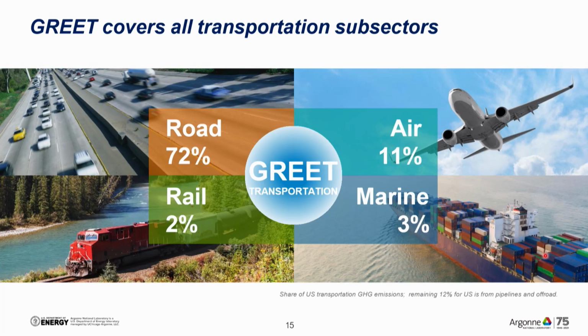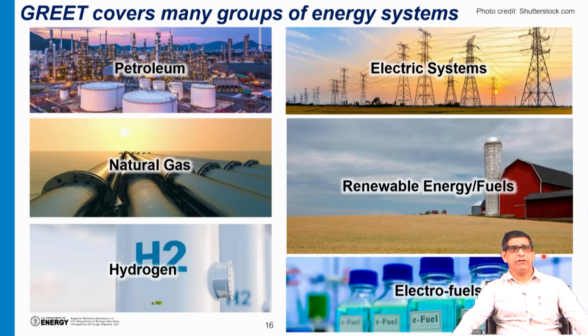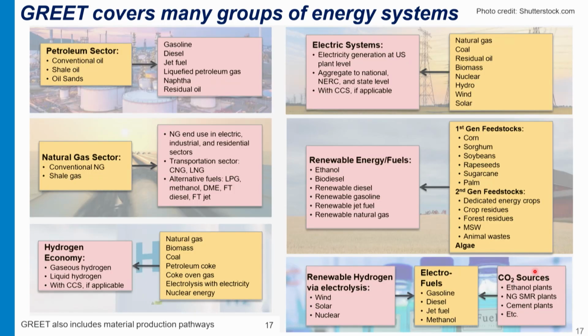They cover all transport subsectors: road, rail, air, as well as the marine environment. It covers many groups of energy like petroleum, natural gas, hydrogen, renewable energy systems, electrofuels, and electric systems. They look at the petroleum sector in terms of petroleum, gasoline, diesel, jet fuel, all.